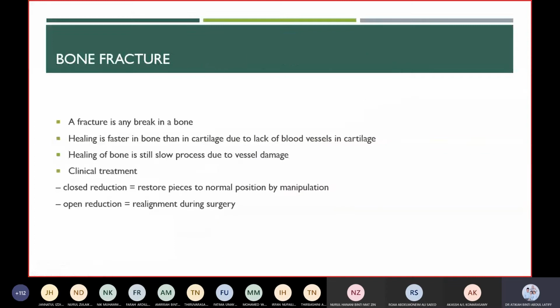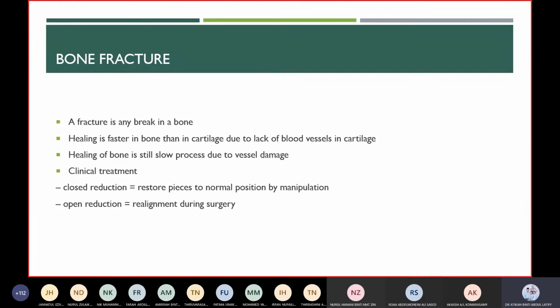Okay, so last but not least, just a bit on bone fracture. So how does bone heal after a fracture? Okay, so healing in bone is actually faster than in cartilage because there's more blood supply in the bone as compared to cartilage. So healing of bone, however, is still slow.